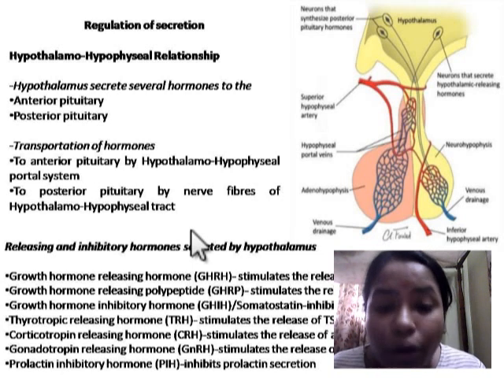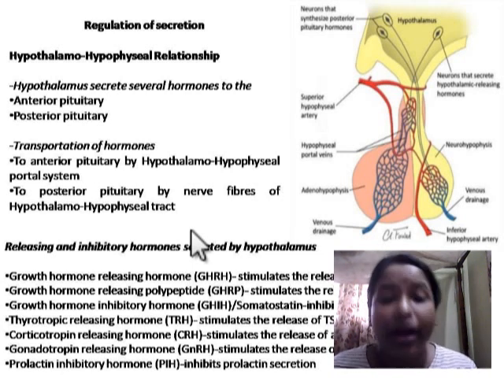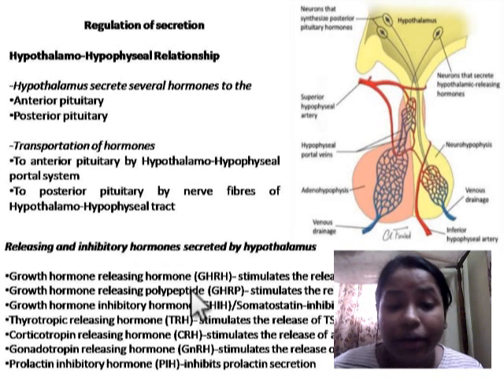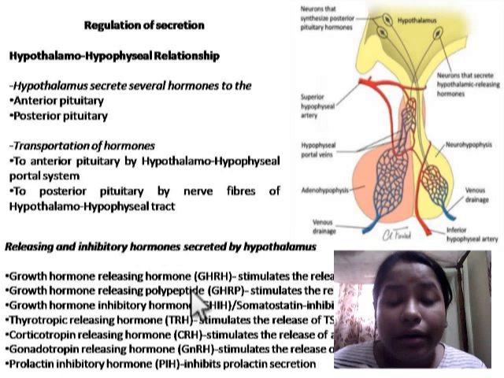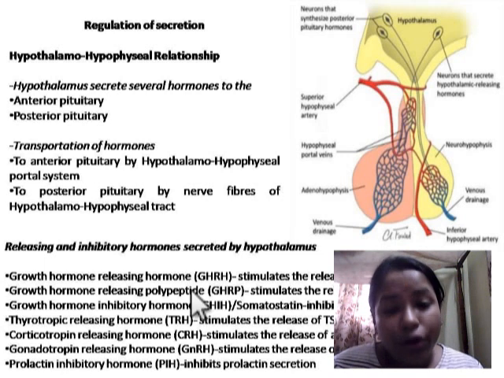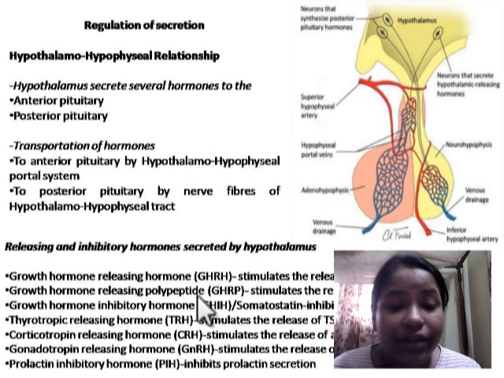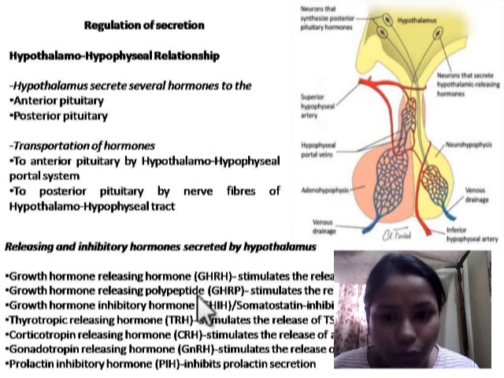First one is growth hormone releasing hormone, that is GHRH, which stimulates the release of growth hormone. Then growth hormone releasing polypeptide, GHRP, which stimulates the release of growth hormone as well as growth hormone releasing hormone. Then the thyrotropin releasing hormone, which stimulates the release of thyroid stimulating hormone.